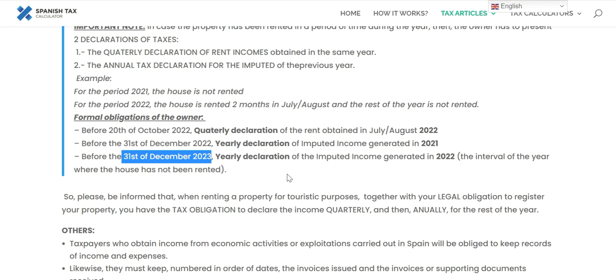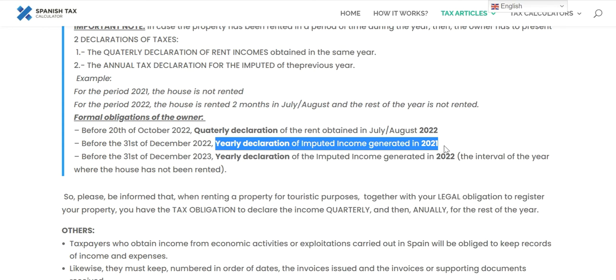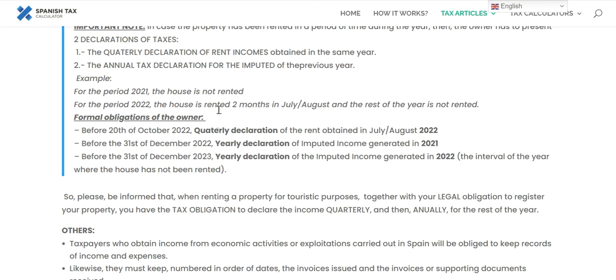I would like you to pay attention to this, because some people, sometimes owners in Spain, think that if they have paid the taxes for the rent that they have obtained renting the property, they can forget that they have to continue paying and declaring the imputed tax, which is generated every year, yes or no. Obviously, if the house is totally empty or used privately by the family, not rented, then the period of time that must be considered to tax the imputed income will be the whole year.